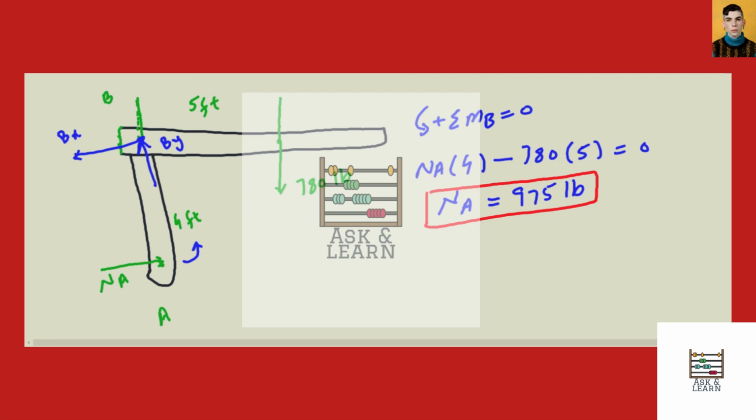So applying the force equilibrium equation, all the forces in the upward direction are equal to 0. This has the By force in the upward direction, so By, and minus 780 pounds, which is in the downward direction, so minus 780 pounds, which is equal to 0.